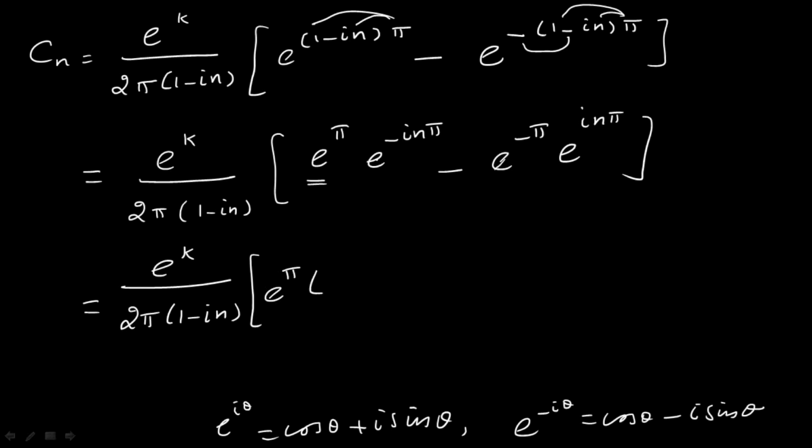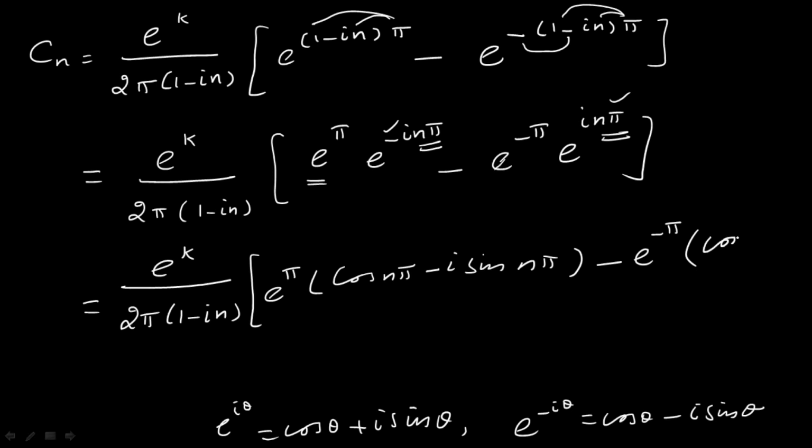This is of the form e power minus i theta. Instead of theta here we have n pi. So you have to expand this as cos n pi minus i sin n pi. The second term is e power minus pi of, this is e power i theta. Instead of theta here we have n pi, so cos n pi plus i sin n pi.